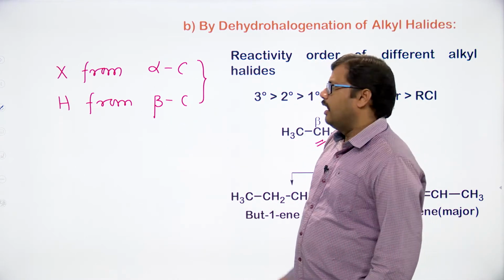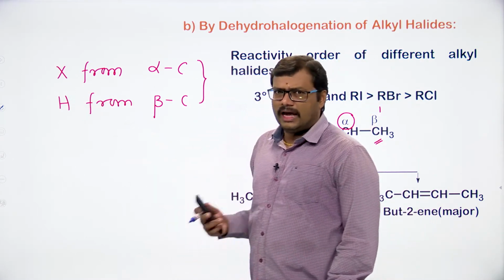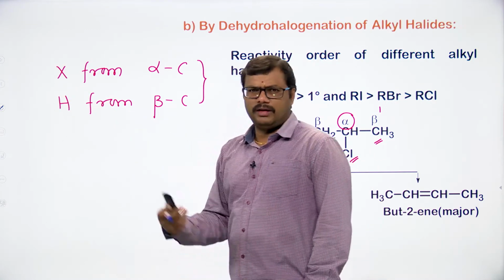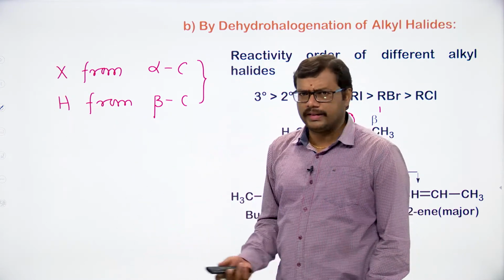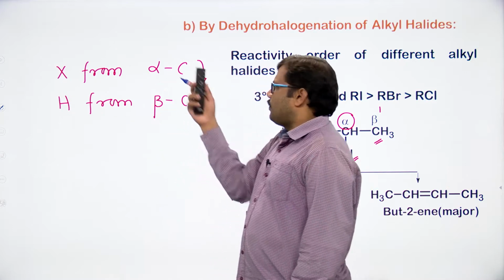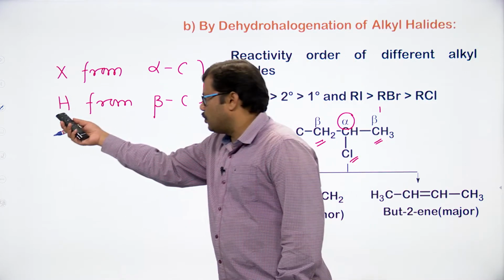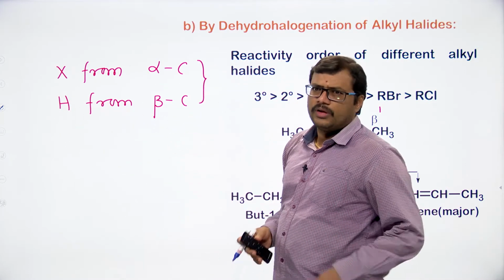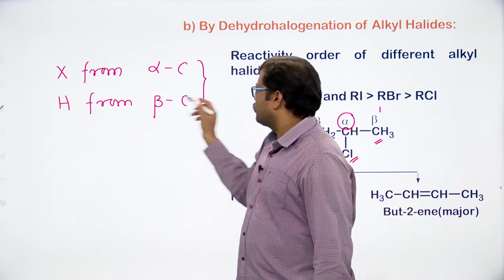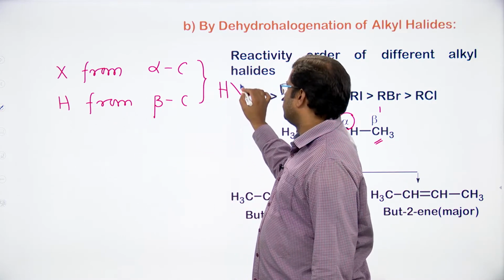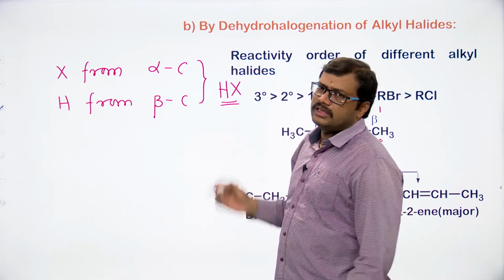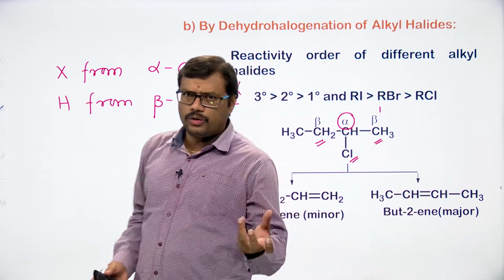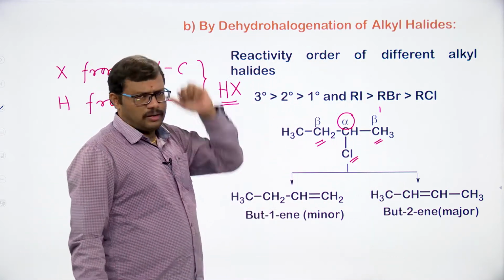I am representing halogen with X here; X can be iodo, bromo, chloro, anything. X is removed from the alpha carbon atom, whereas hydrogen is removed from the beta carbon atom. Both are removed in the form of HX. The removal of HX is called dehydrohalogenation.